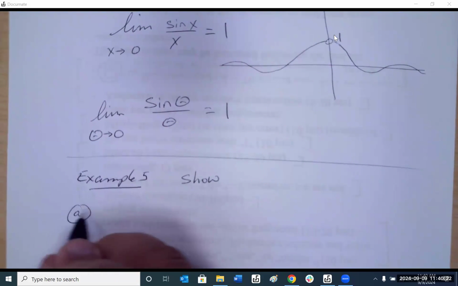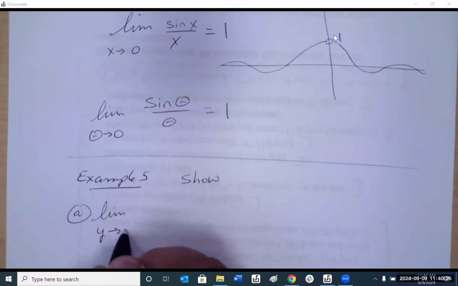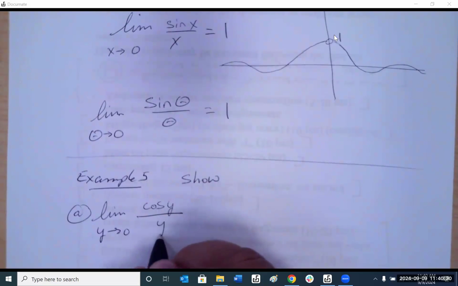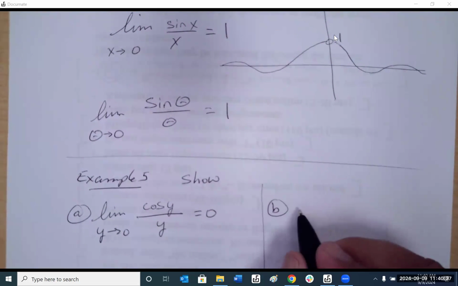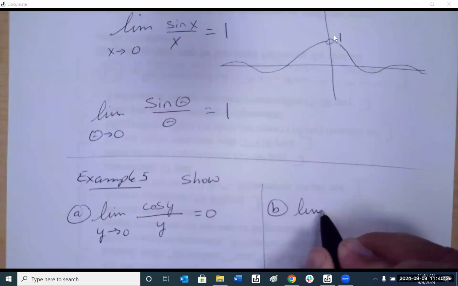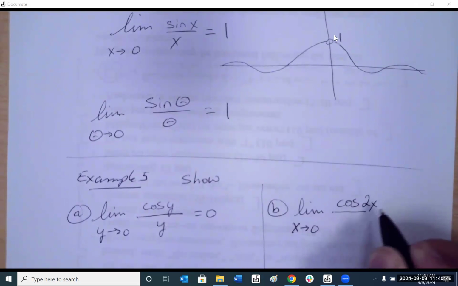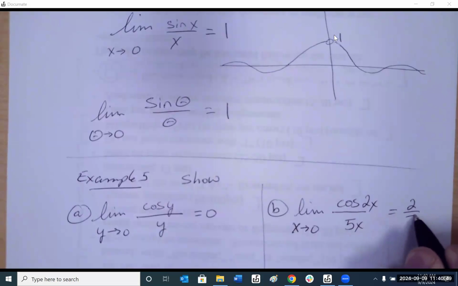Show A, the limit as y approaches 0 of cosine y over y is 0, and B, the limit as x approaches 0 of cosine 2x over 5x equals 2 over 5.